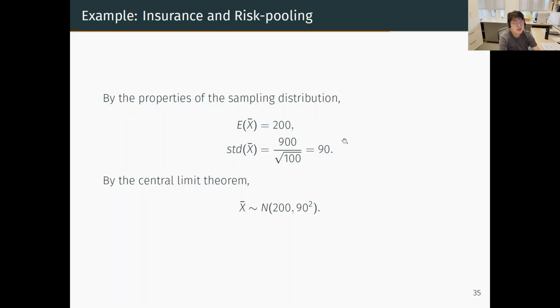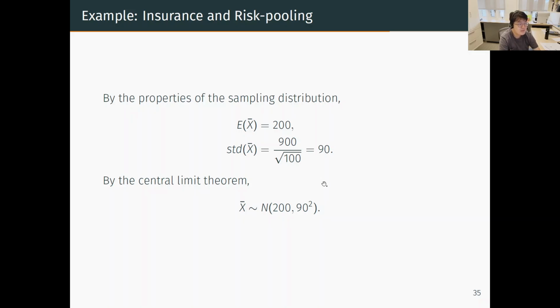So we calculated the sample average's mean and standard deviation, and then using those parameters, you can apply the central limit theorem and approximate the sample average by a normal distribution. The sample average is approximately normally distributed with this mean and this standard deviation, right?